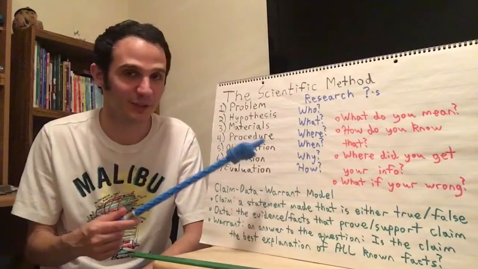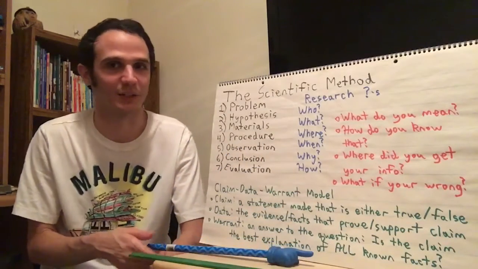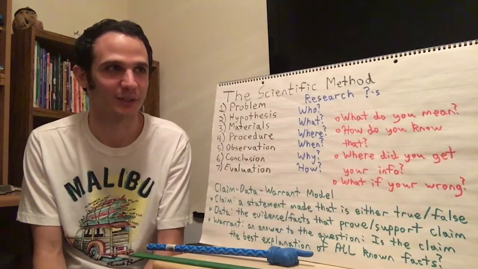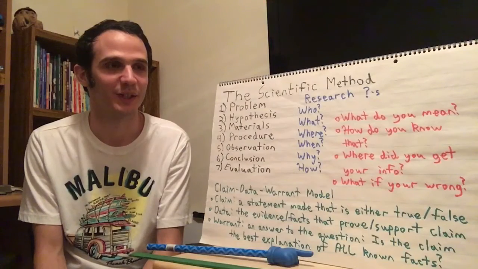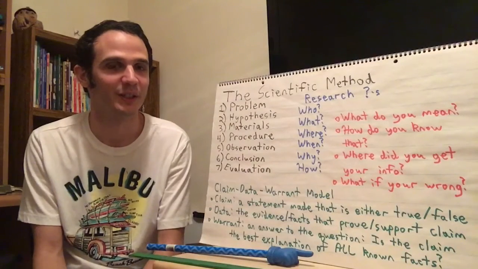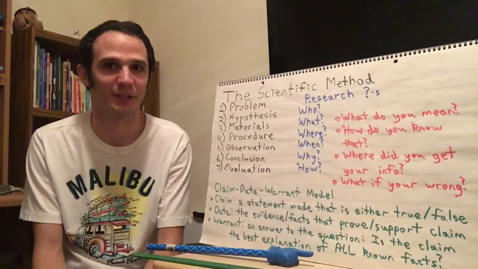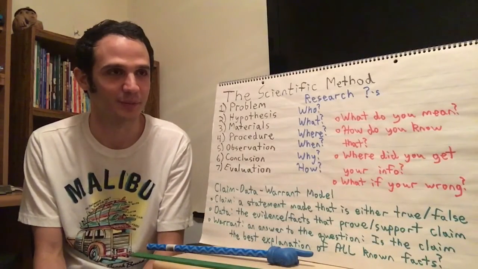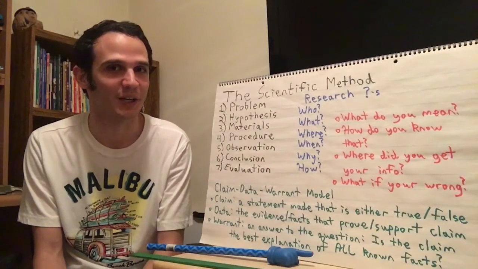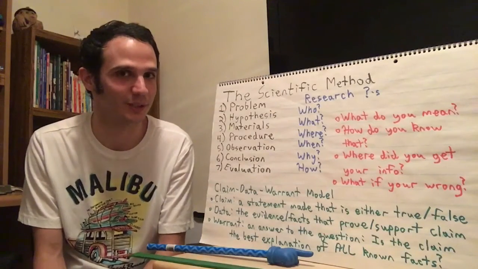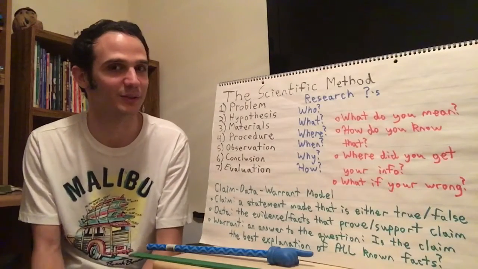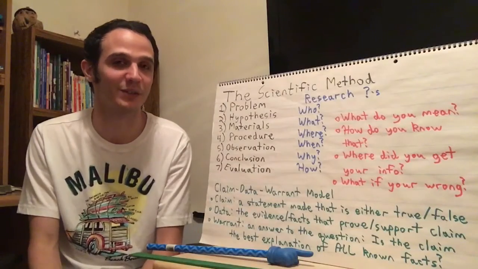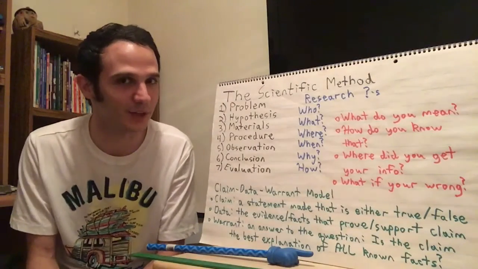And then the procedure. What are the steps that you want to do? Let's say, how can we find out if I can get a better sleep? Maybe I can test for 1 week. For 1 week I can sleep 7 to 8 hours, and then the next week I can sleep 5 to 6 hours.